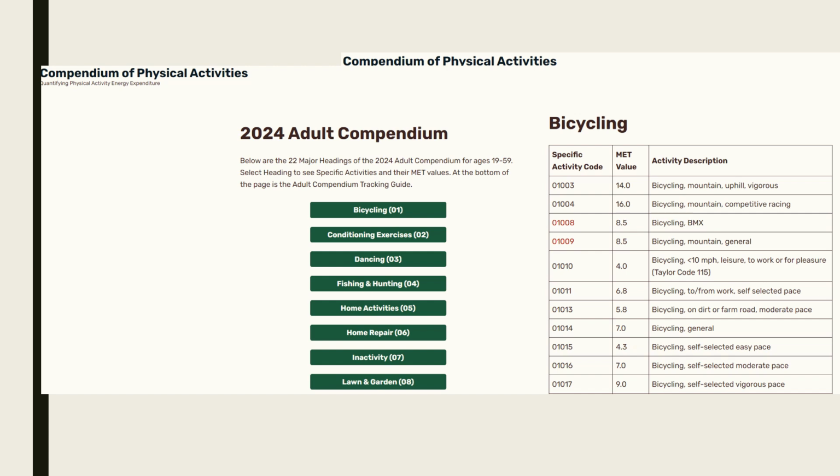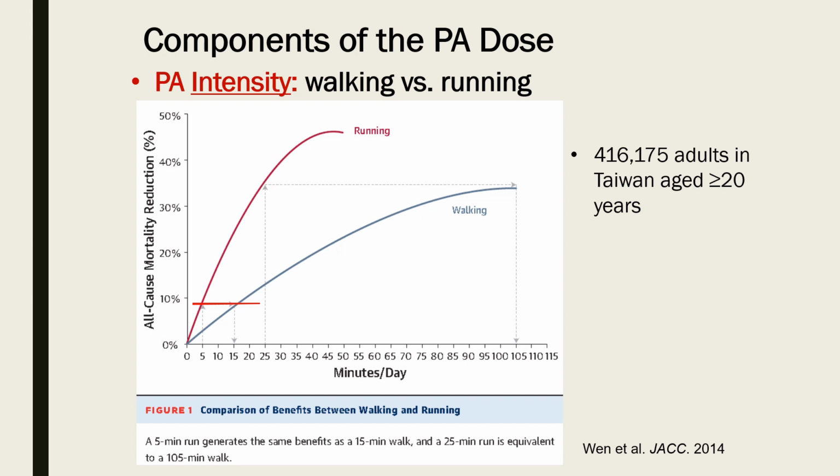The compendium includes physical activities related to leisure, transportation, household tasks, and occupations. These MET values are fixed as long as the activity's speed or condition is defined, and they do not take into account individual fitness levels. The differences between methodologies, relative vs. absolute intensity, can complicate direct comparisons of dose-response data.